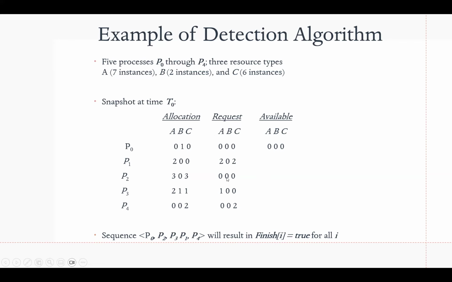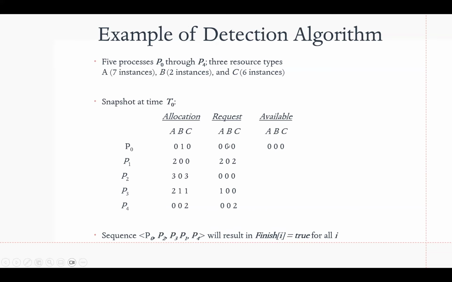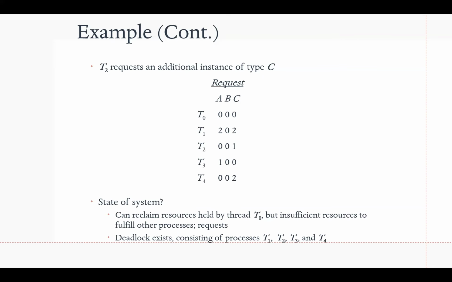If I increase it to 001, in that case, process P0 will get executed initially because its request is less than or equal to work. Then we try P2, but P2's request is now instead of 000, it is 001.